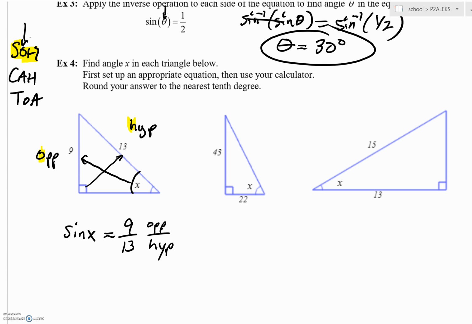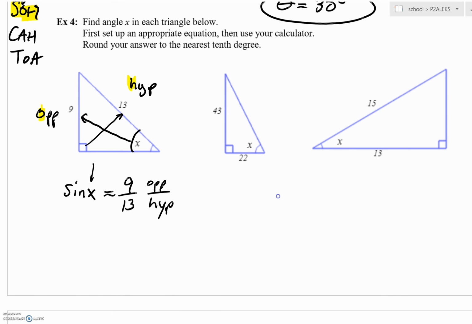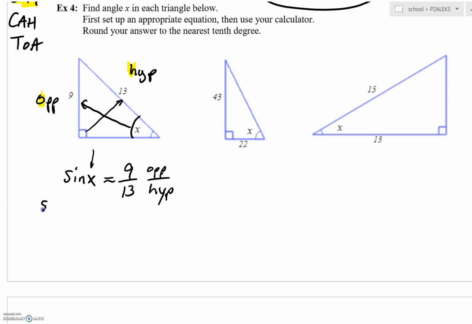But the bottom line is, I want to know what my angle is. I want to know what x is. And that means I want sine to go away. I just want to have x. So we've talked about how to do that. What should I do to both sides? Inverse sine. You're going to do inverse sine on the left. You're going to do inverse sine on the right.